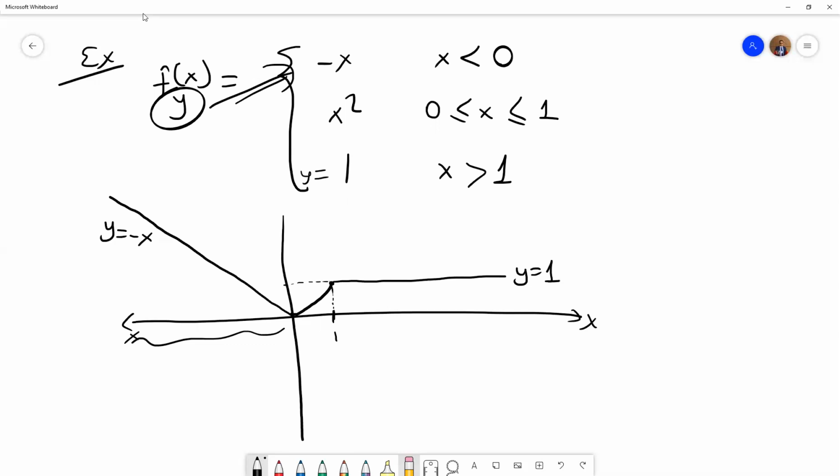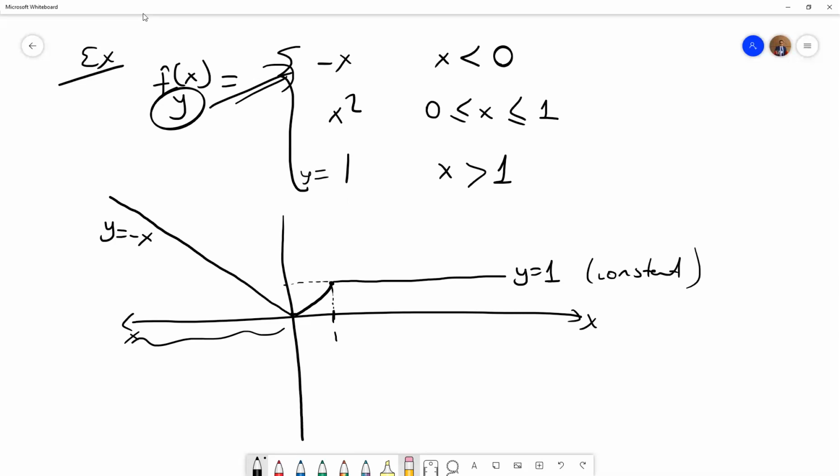Yeah, this is constant, you see. So our graph is like that. It's decreasing first to the origin, then we have part of a parabola, then a constant function y is equal to 1.